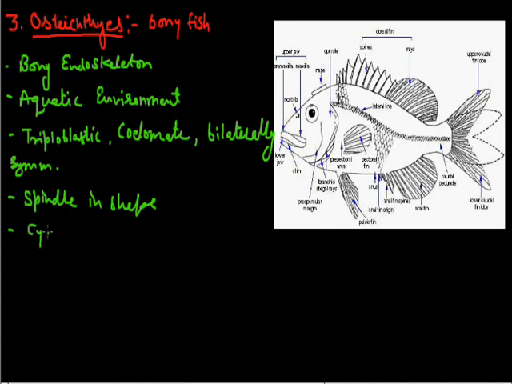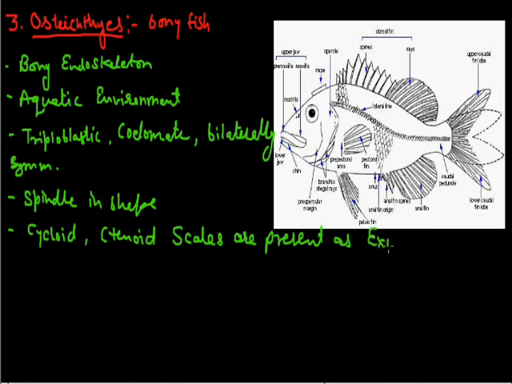Cycloid means circular in shape, and ctenoid scales have spines on their surface.